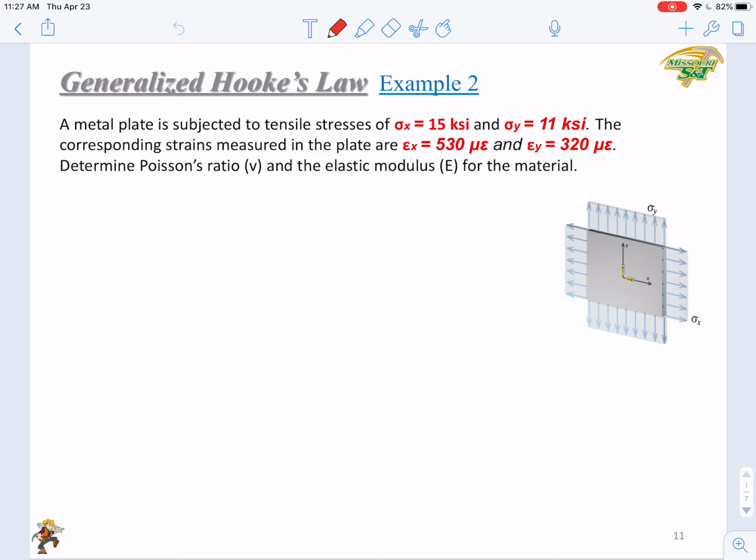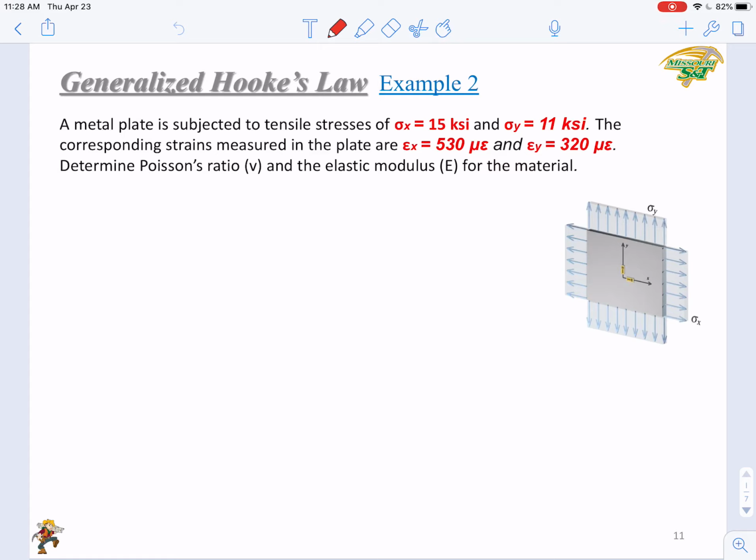Okay, what is shown in this example is a metal plate. Again, it's a thin plate. When you see a plate subjected to X, Y stresses, you will see that this is a plane stress situation, right? So it's subjected to tensile stresses along X and Y direction, and the corresponding strains measured in the plates are also given.